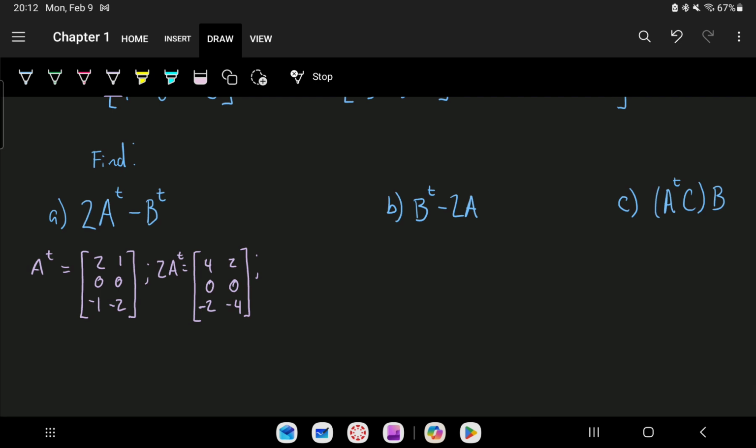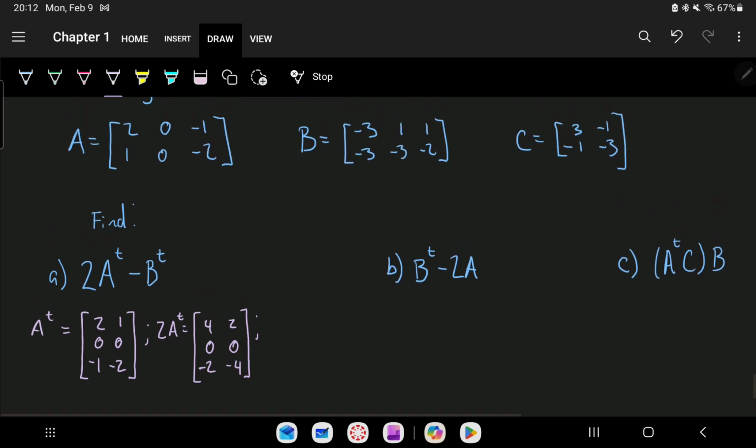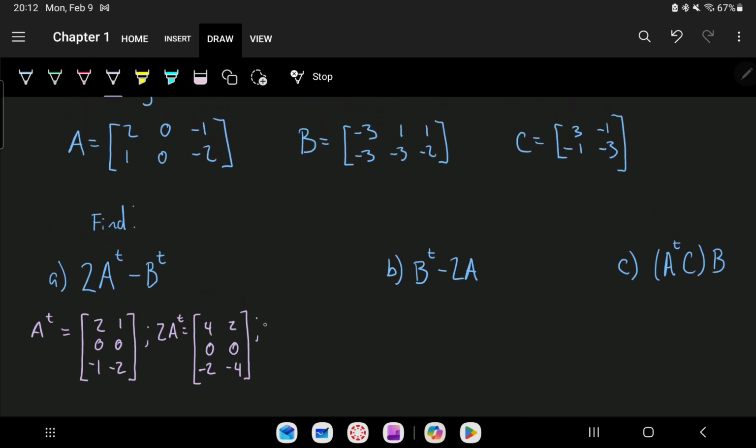So that's the same thing as saying plus negative B transpose, right? You can do that in whichever way makes more mental sense to you. I find it a little bit easier to write it out as a negative B transpose. And I trust that that's not too many steps taken at once.